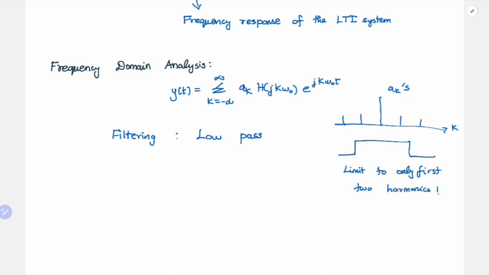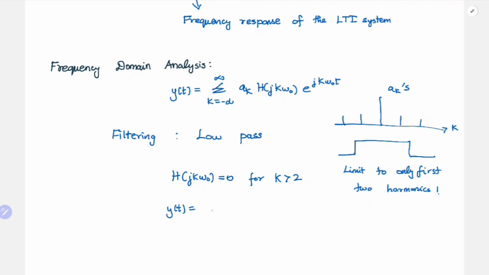Then what do I have to do? This ak I can't modify because it comes from the input, and this also I can't modify because it is acting as a basis. So I need to modify this. If I take h of jk omega naught as 0 for k greater than 2, then only the DC plus the first two harmonics will be present, correct?